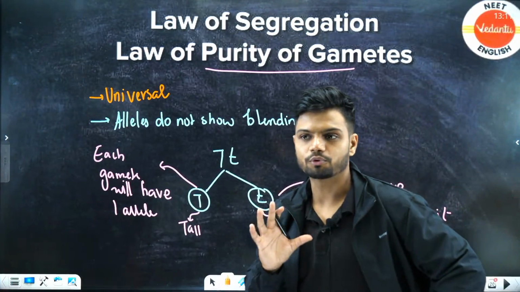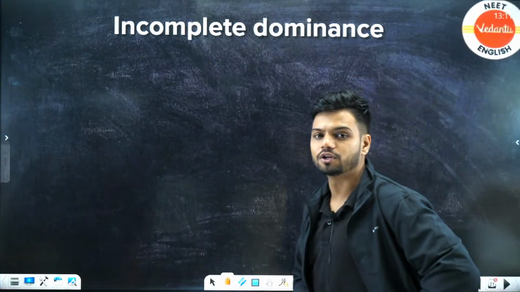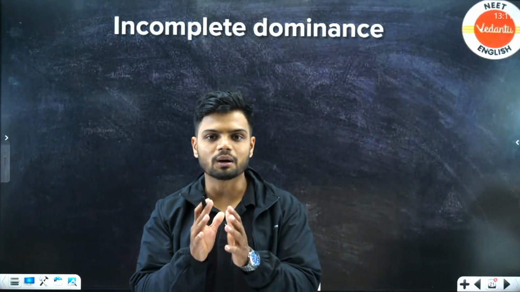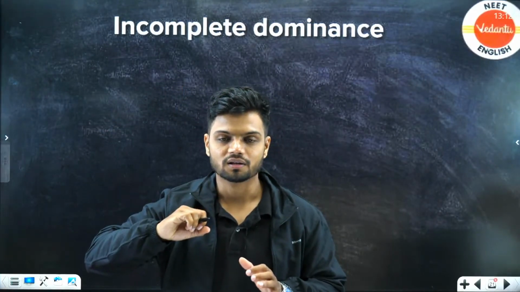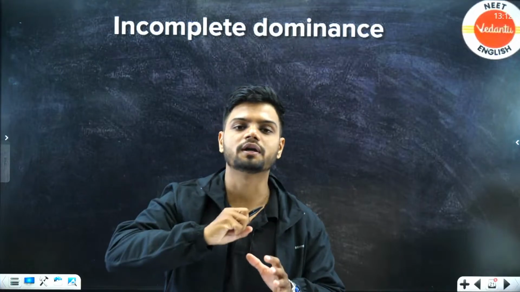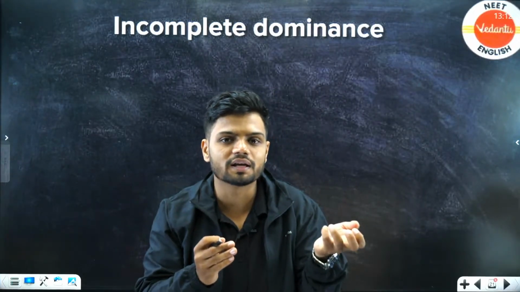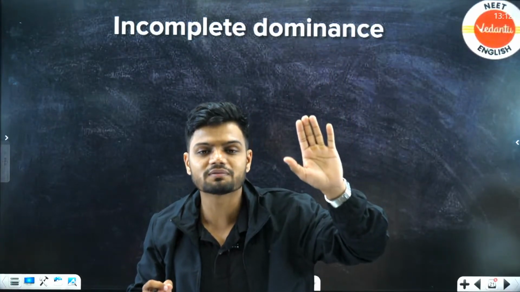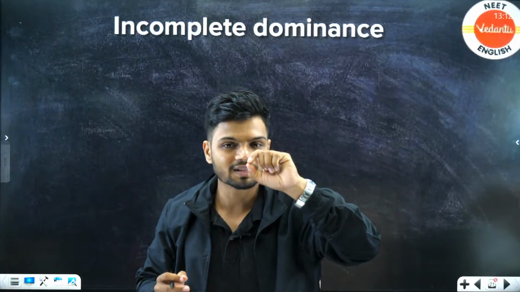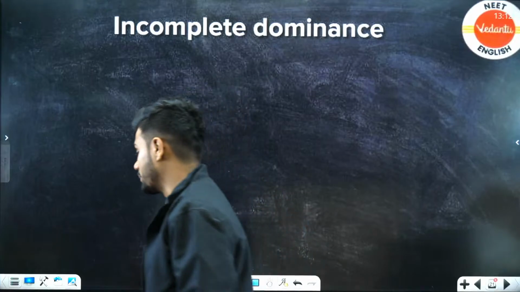Okay? They are pure. Now students, the next concept is called incomplete dominance. Incomplete dominance is a concept in which a particular allele is incompletely dominant over the other allele. So if that is the case, even the recessive allele will start to express.